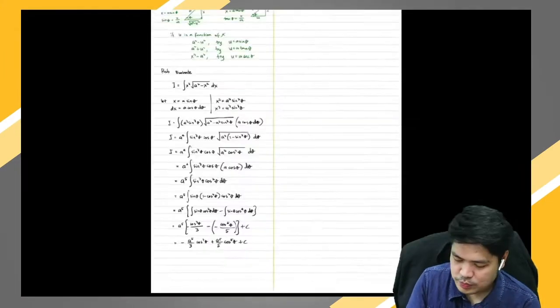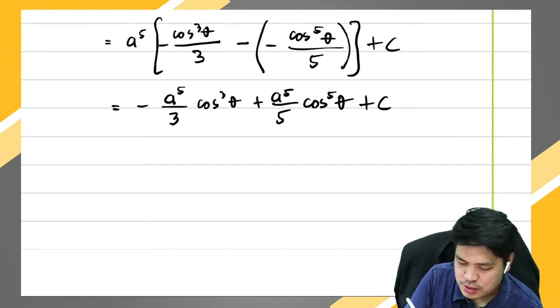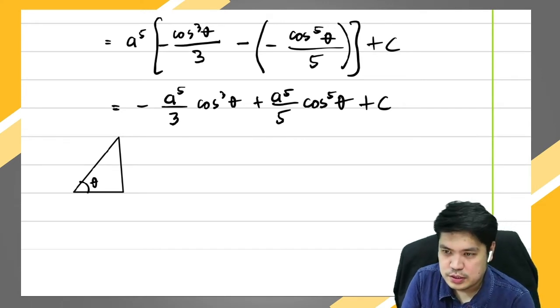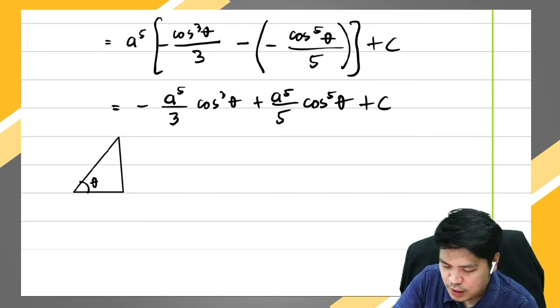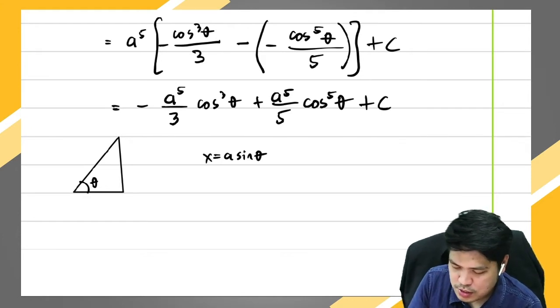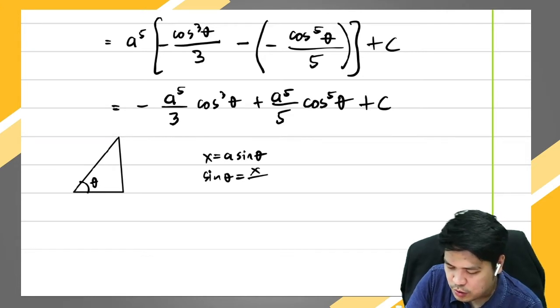Okay, let's continue. For cosine, we will just reconstruct the triangle that involves theta and cosine. If this is theta, remember what our substitution was? x is equal to a sine theta. So if we reconstruct this, sine theta is equal to opposite over hypotenuse.